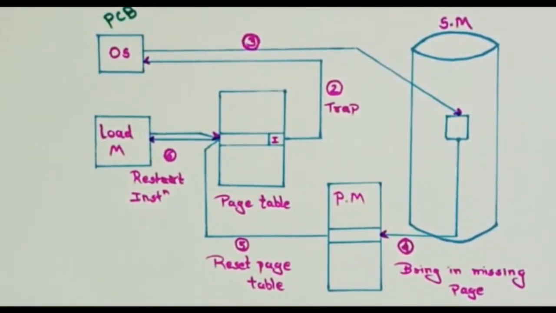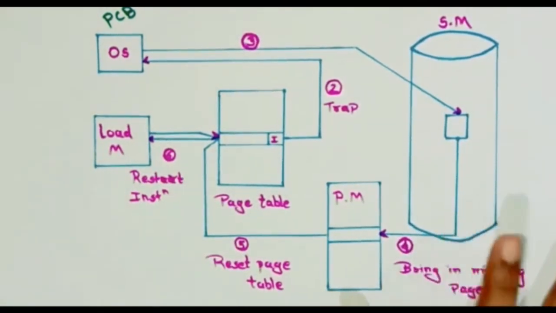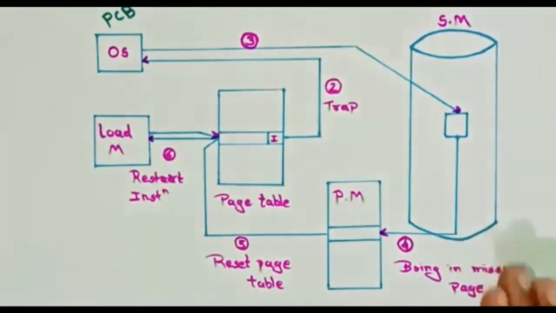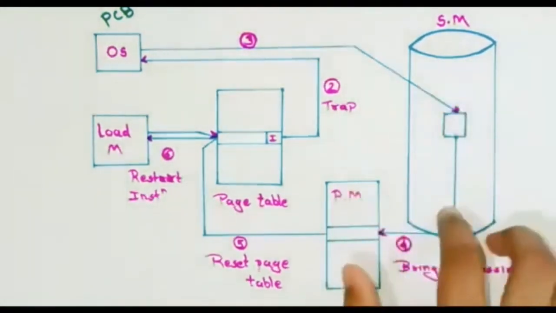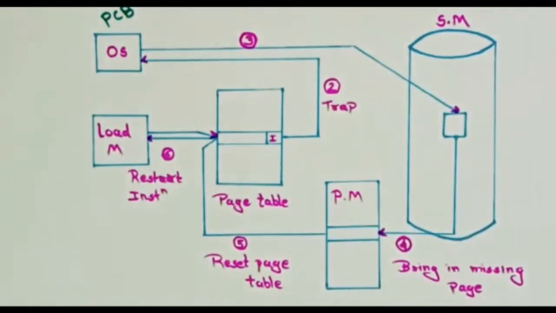What will happen if there are no free frames? Suppose here the disks have free frames, so that is why they send the free frames and store them into the page table. But what happens if there are no free frames in the secondary memory? Then we have to follow the page replacement technique.